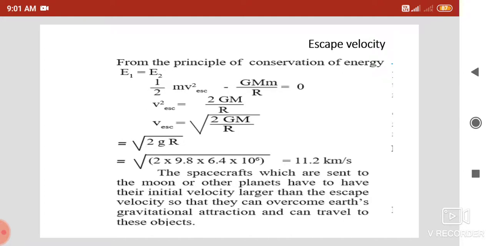It means if the object is thrown with a minimum velocity of 11.2 kilometers per second, then the object can go away from the gravitational force of the earth, and at that place the object will remain at rest. That minimum velocity of 11.2 is called the escape velocity.